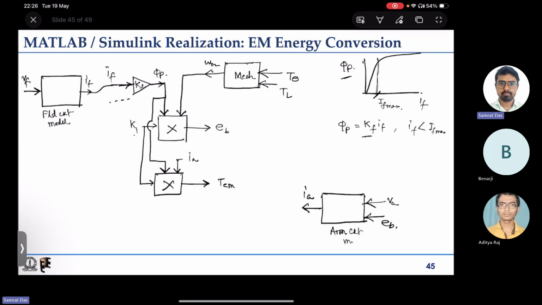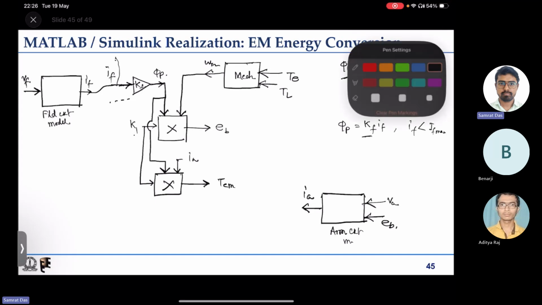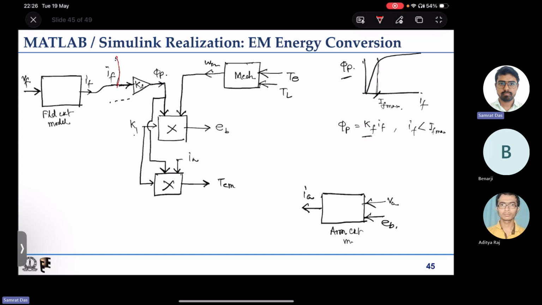So this is the electromagnetic energy conversion, where this field comes as flux per pole.